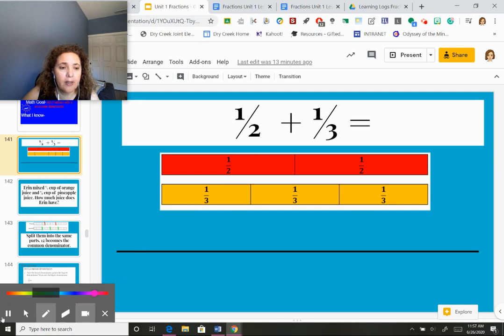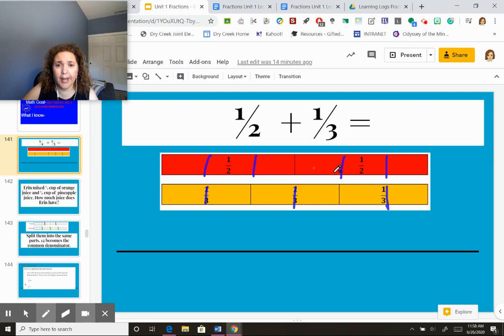All right, so what I did, I took my halves and I made it into 6 equal pieces. 1, 2, 3, 4, 5, 6. I took my thirds and I made those into 6 equal pieces. 1, 2, 3, 4, 5, 6. Now that tells me that I have 1/2, so it's this much, plus my 1/3, which is this much.